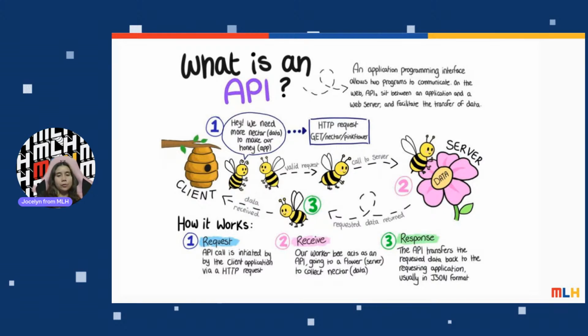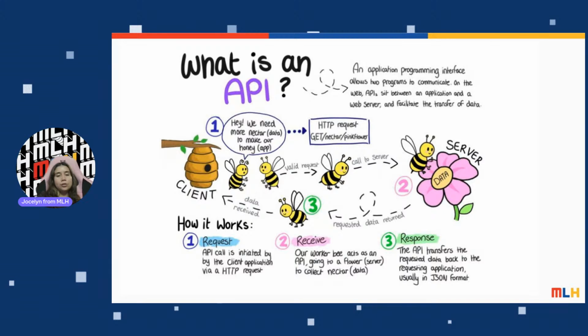The third step is to receive our response. The response is basically what we want to deliver to our user or client, which in this case is the data, and the data is usually formatted in JSON format, as you are seeing over here.